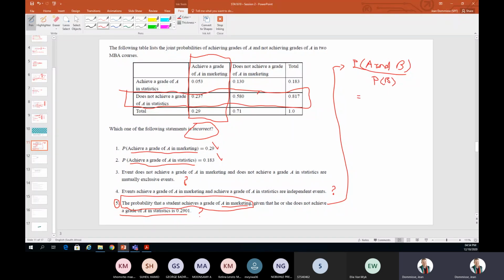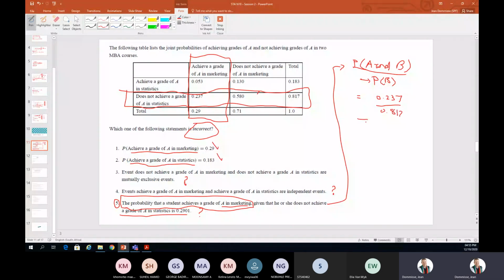So the probability here of achieving a grade of A in marketing while he does not achieve a grade A in stats is 0.237. Given that he does not get a grade A in stats is 0.817.